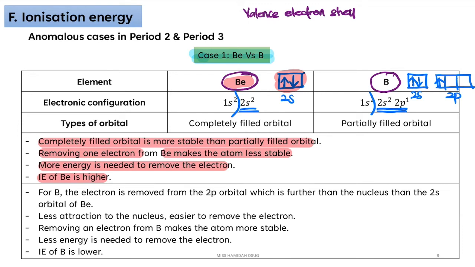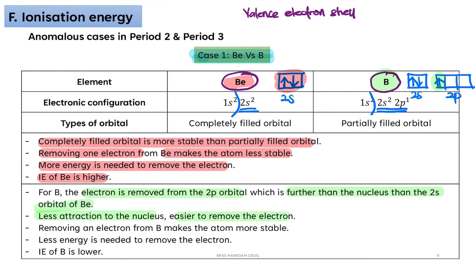As we look at the boron valence electron shell, we can see that the electron will be removed from the 2p orbital. This is because the 2p orbital is located further away from the nucleus when we compare it to the 2s orbital of beryllium. Therefore, this electron will have less attraction to the nucleus and it will be easier to remove.